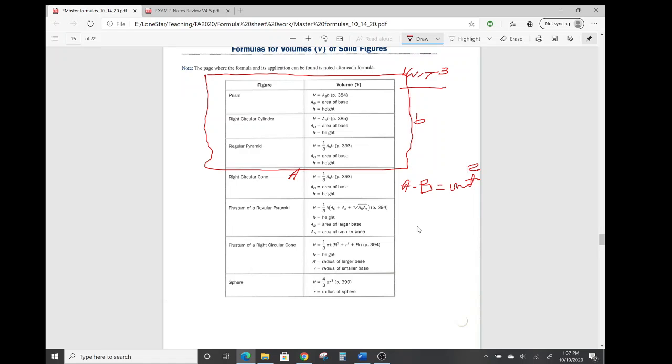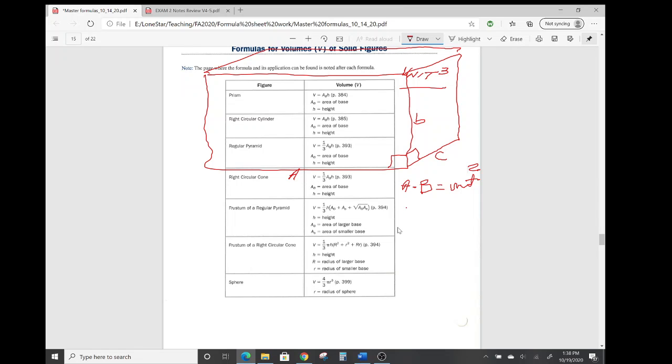Now, if we add a third dimension, let's say we take a third dimension out here. And this is going to be side C. And we want the volume. All we do is take the area and multiply it times the third dimension. Now, we're assuming, of course, this is a right polygon, a right prism.